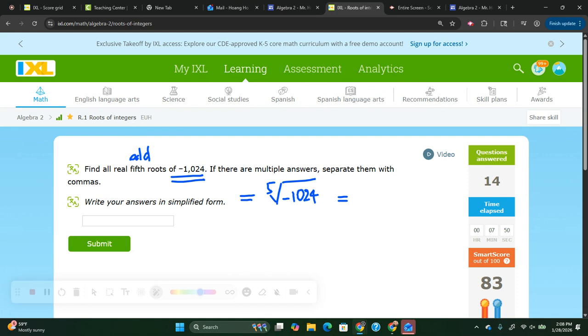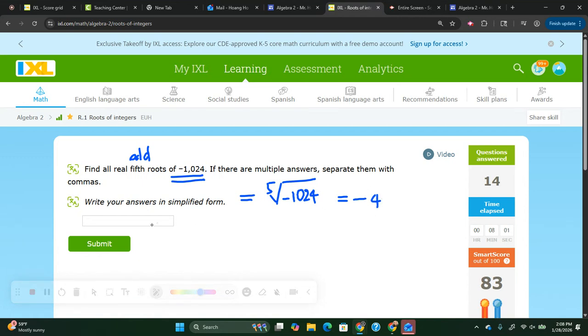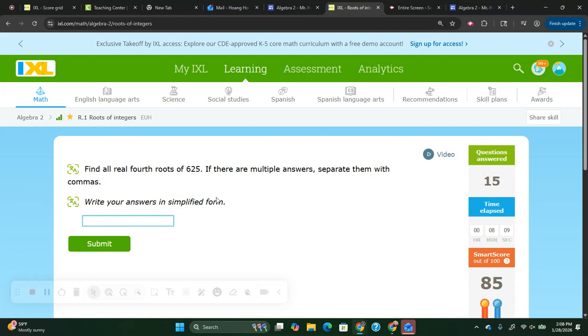So negative 1024, the answer is negative 4. So I put negative 4 in the box.